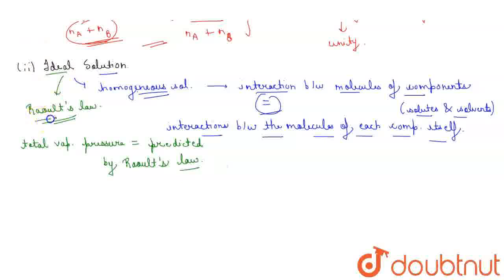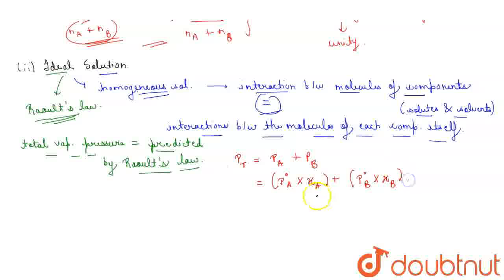An ideal solution follows Raoult's law for all ranges of temperatures and pressures. And for a binary ideal solution, the total vapor pressure of the solution is equal to the pressure predicted by Raoult's law, like this. So this is the total pressure, and this is the vapor pressure of solute A and the vapor pressure of solvent B, and as predicted by Raoult's law, it will be written as P naught A into mole fraction of A plus P naught B into mole fraction of solvent B.